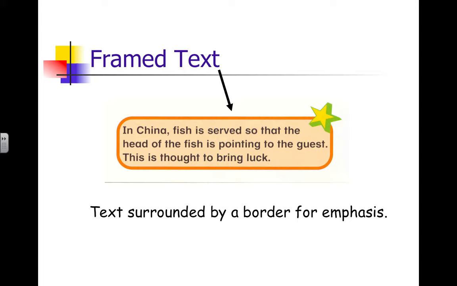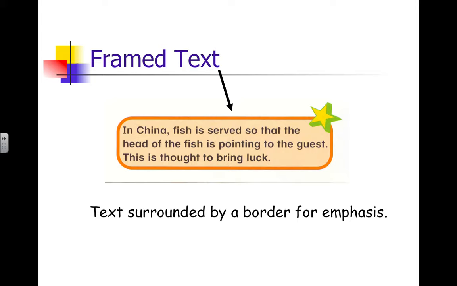Frame text is any text that's highlighted or surrounded by some type of border or image that emphasizes it. I think a mistake a lot of kids make is that they think whatever's in the featured text has already been said in the article part.